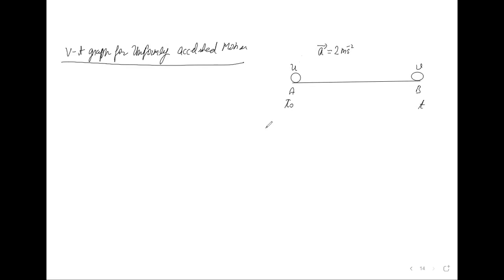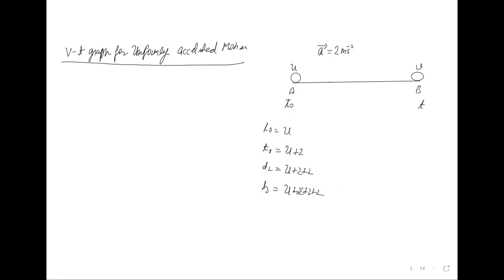So I can say that when the time was t naught, the velocity was u. When the time became t1, the velocity became u plus 2. When the time was t2, the velocity became u plus 2 plus 2. When the time became t3, the velocity became u plus 2 plus 2 plus 2. So it increases every second by 2 units.